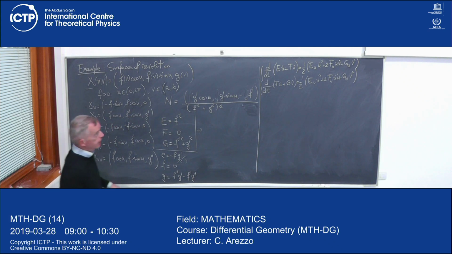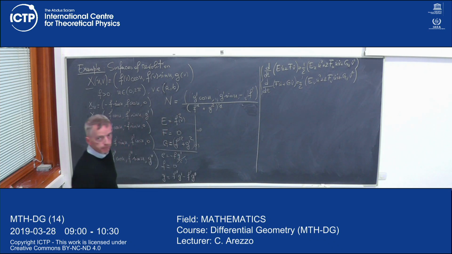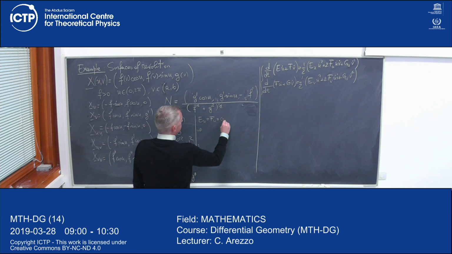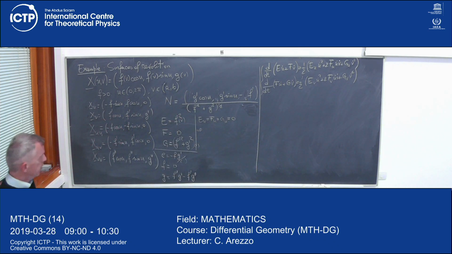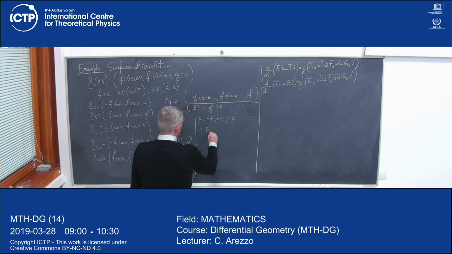So this implies what? It's good to remember that these are all functions of v. So of course E_u, F_u and G_u are equal to 0, which is always very good news. E_v is equal to f f prime.